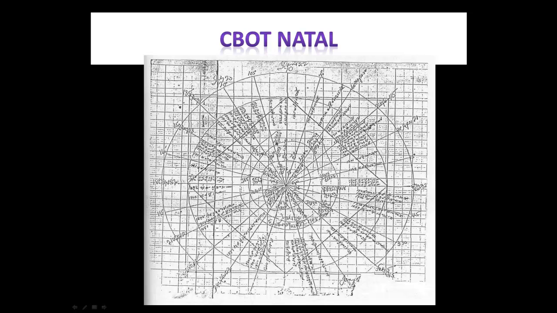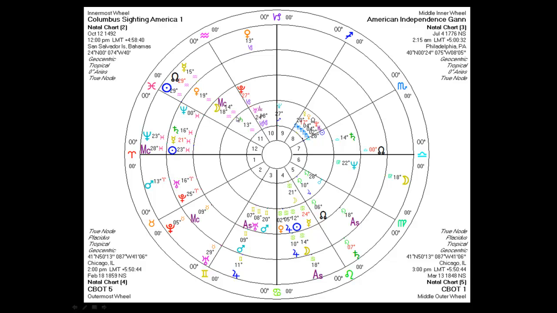And what he's doing here, when astrologers put charts together, we're trying to find out the synastry between them, or the common axis that they may share, so that when we have transits, we want to know when they're going to be influenced by these transits, by aspect. So what is in that chart, I've replicated it: the centre wheel is the sighting of the Americas by Columbus in 1492.